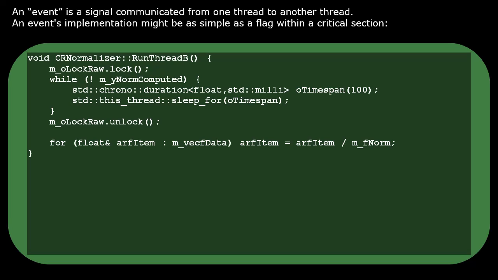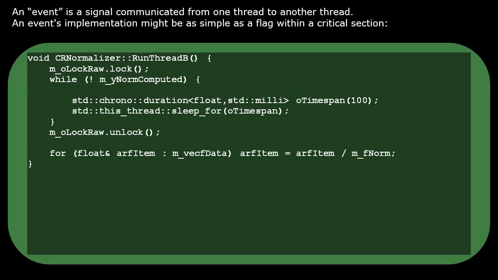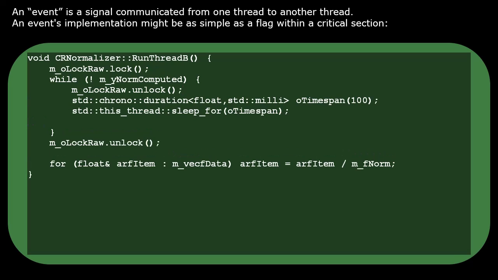To fix that, inside of this while loop, we need to let go of the lock and then relock it again after we wake up before we loop back to retesting the variable.